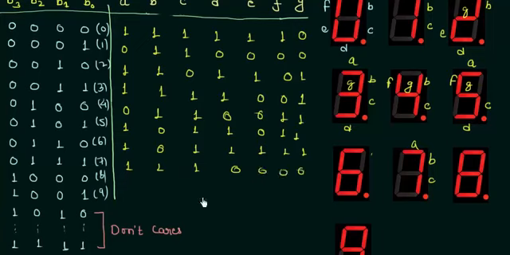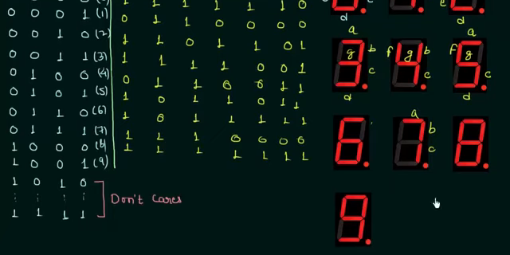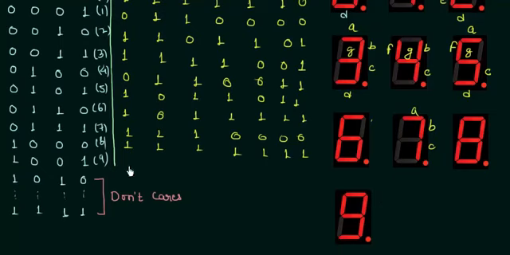For 8, definitely every segment is high. And for 9, only this segment, which is our E, is low and each and every other segment is high. So A, B, C, D, F, G are high and E is low.